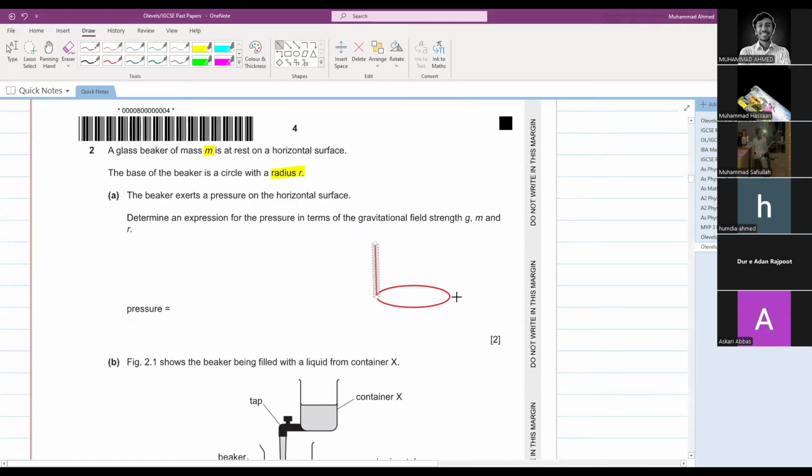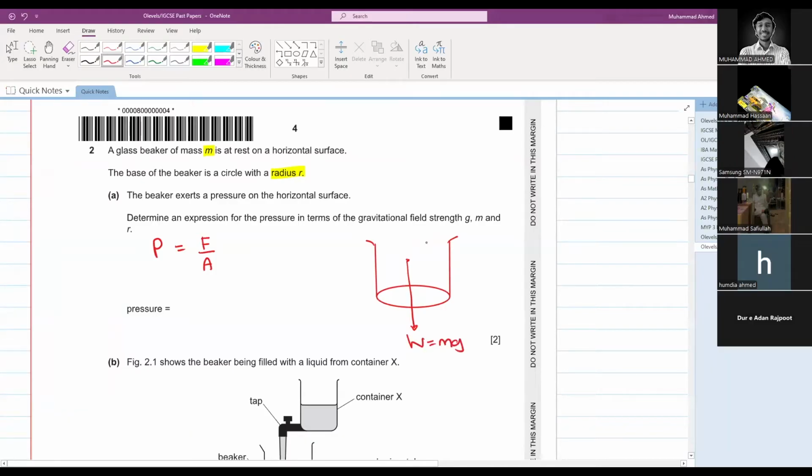What is the formula for pressure in solids? Force over area. What will be the force of this beaker? The force of this beaker will be its weight, that is mg. So let's place mg here.